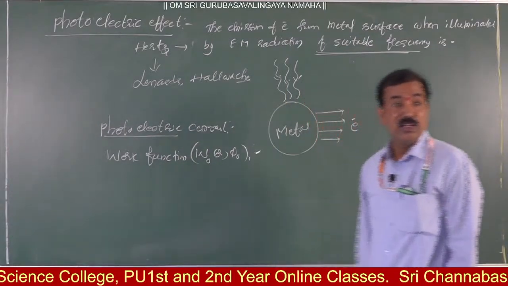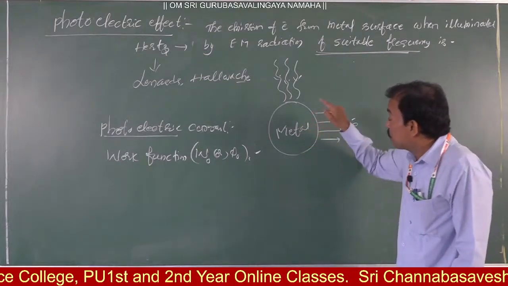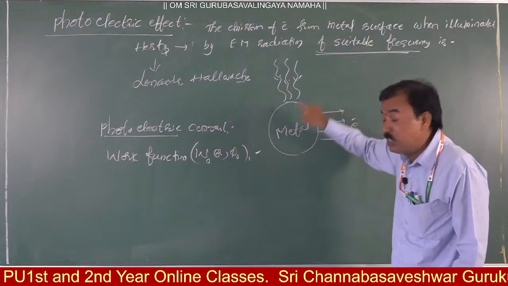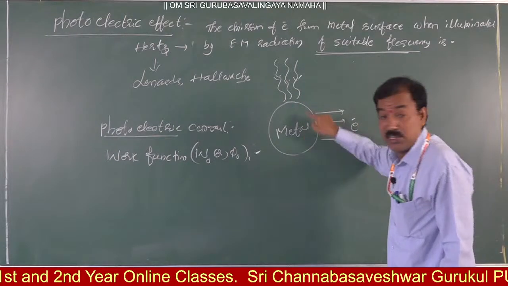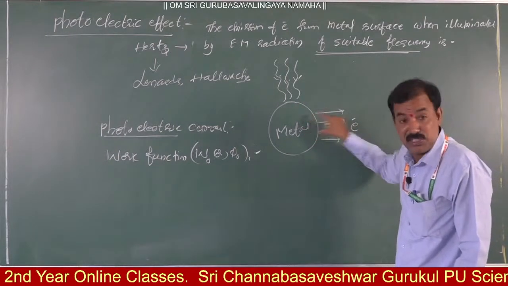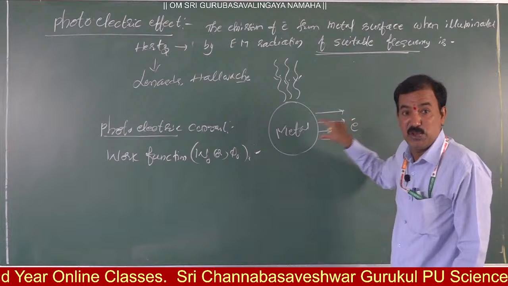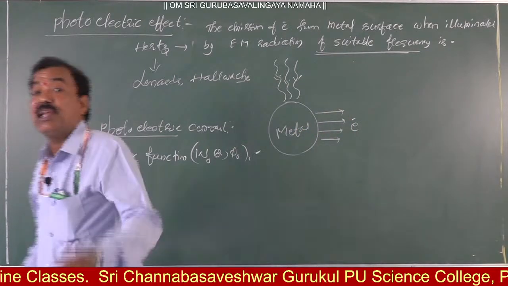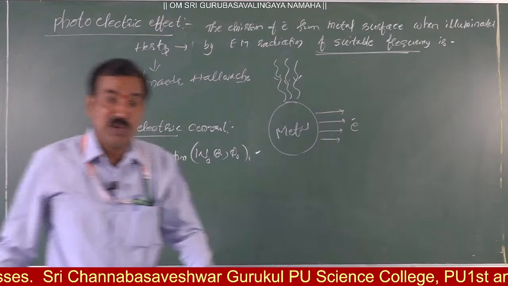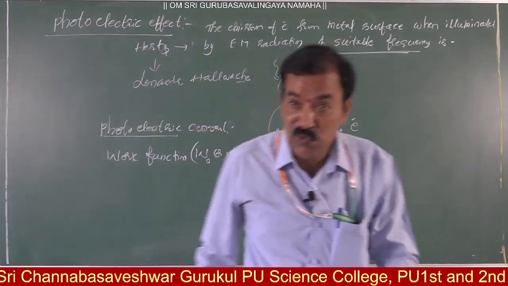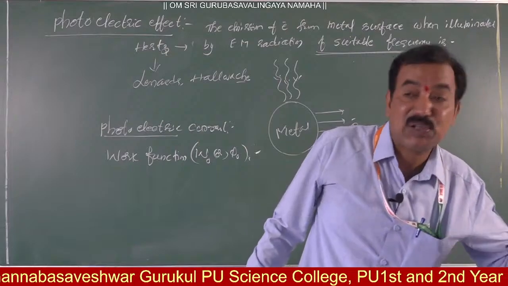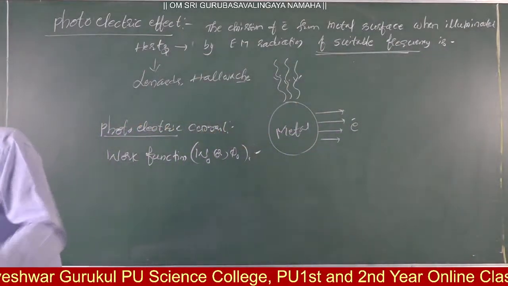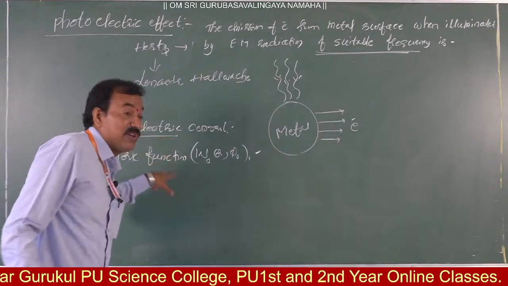Whenever light of suitable frequency is incident on this metal surface, electrons are ejected. So what is the minimum amount of energy required to remove the electrons from the metal surface? That is known as work function.